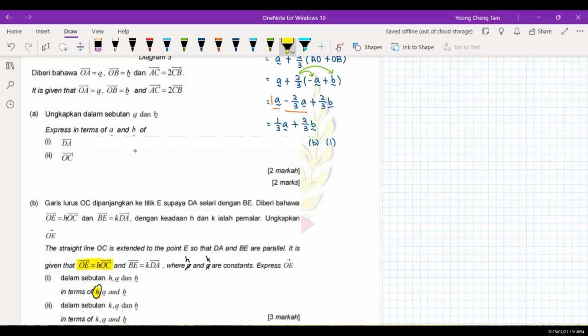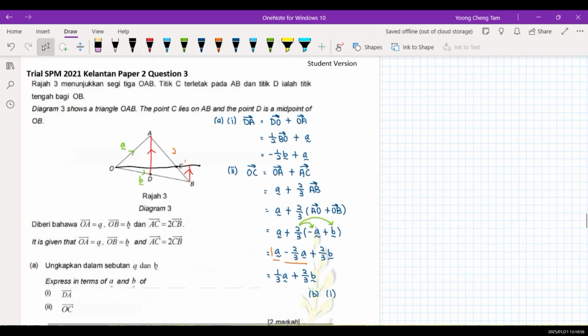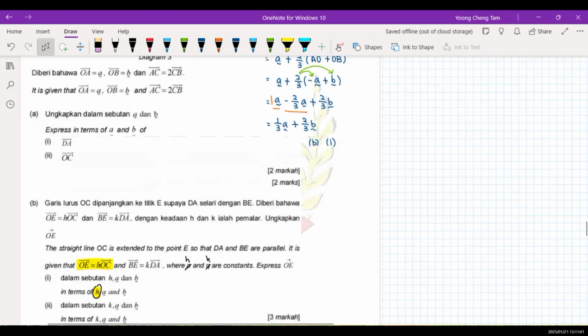Because if you look at the diagram, there is no H in our diagram. So you must apply OE equal to H OC to get the H for your answer. And what you want to find is also OE, so you can just copy from the question: OE equal to H OC.